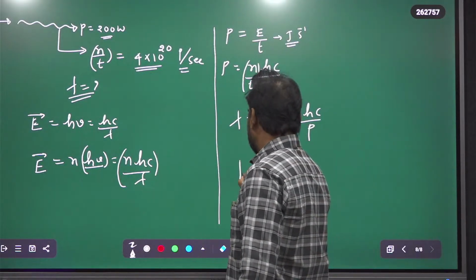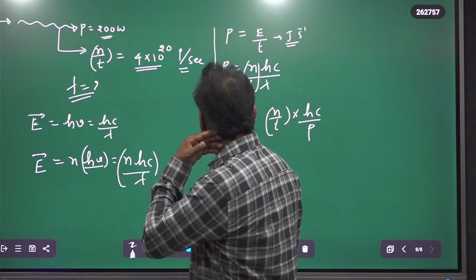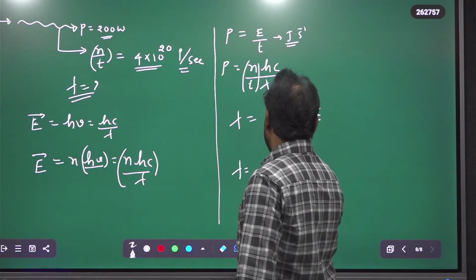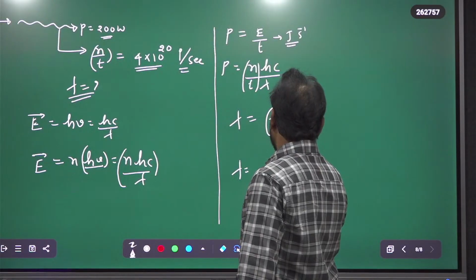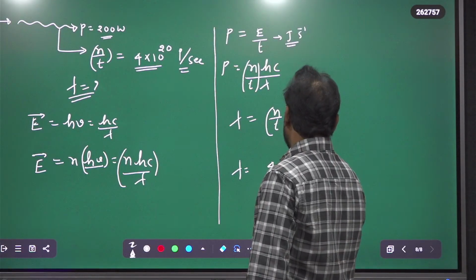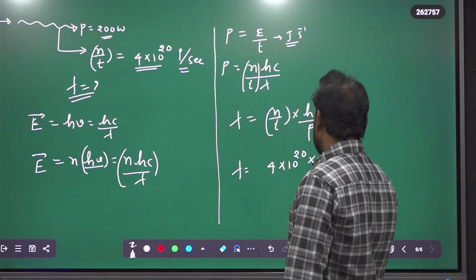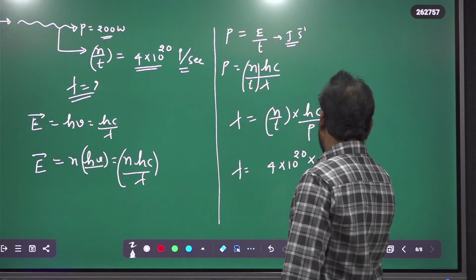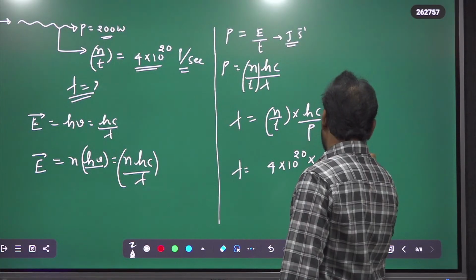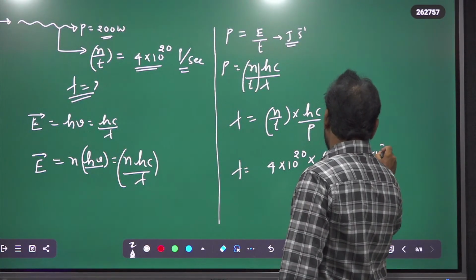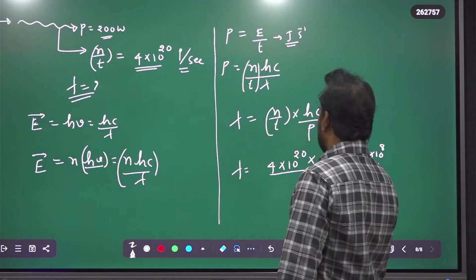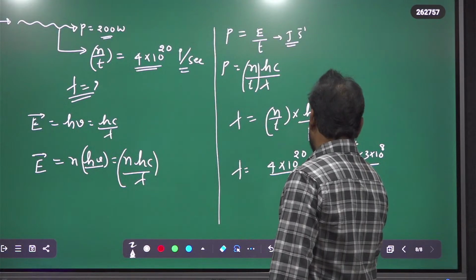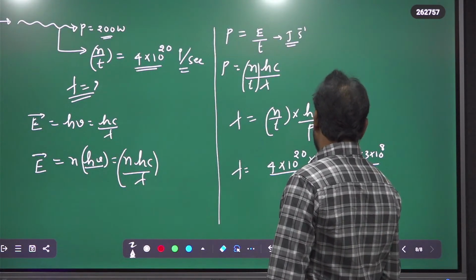That is, lambda is equal to N by T value was given, 4 into 10 to the power of 20. What is hc value? h value was given, 6.6 into 10 to the power of minus 34. c value is 3 into 10 to the power of 8. Upon power also given, what is the power? 200 watts.